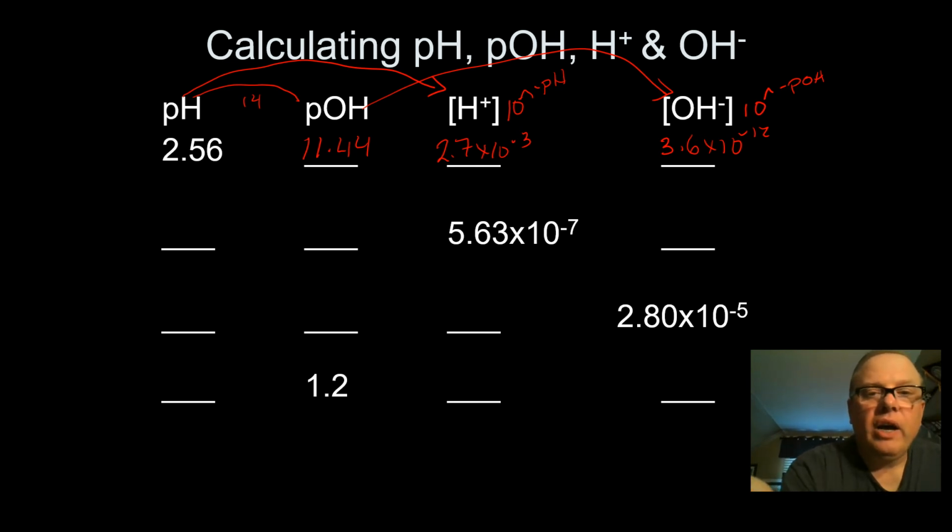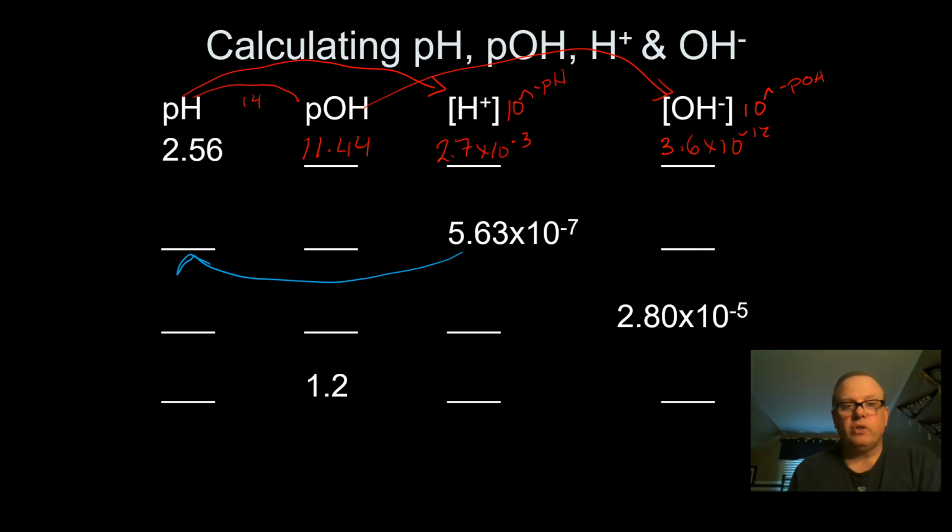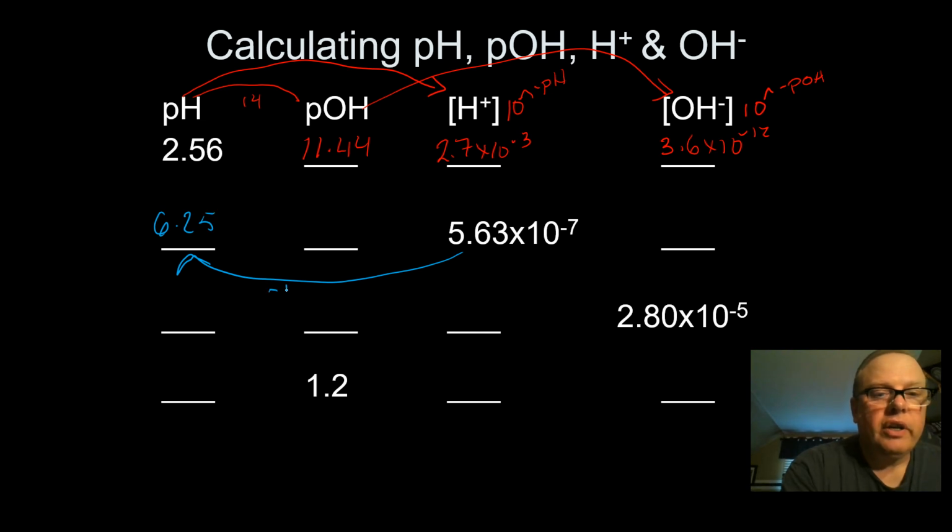Now that I have the hydrogen ion concentration, I can go backwards and figure out what the pH of this is most easily. So it's negative log of the hydrogen concentration. And if I do that, I get 6.25 because I've gone negative log of the hydrogen ion concentration.